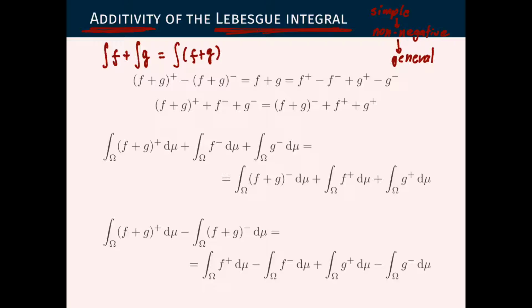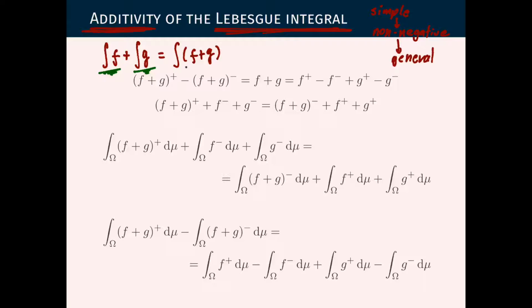The statement is, given two extended Borel functions, f and g, suppose the integral of these two functions is defined, and suppose we can add the integral of these two functions. What does it mean to add? It means these two functions are not both infinite with opposite signs, plus infinity minus infinity, or minus infinity plus infinity does not occur.